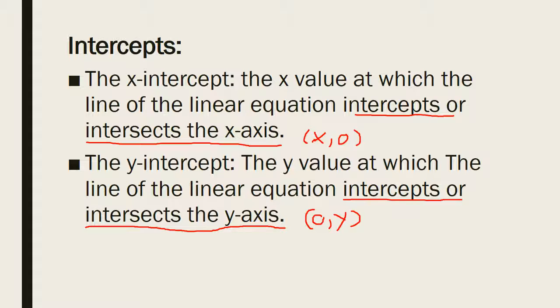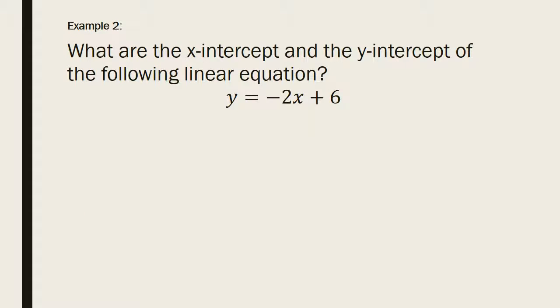So again, the x-intercept intersects the x-axis, the y-intercept intersects the y-axis. The y value for the x-intercept is 0. The x value for the y-intercept is 0. Now let's take a look at this example to find out what the x-intercept and the y-intercept for this equation are.